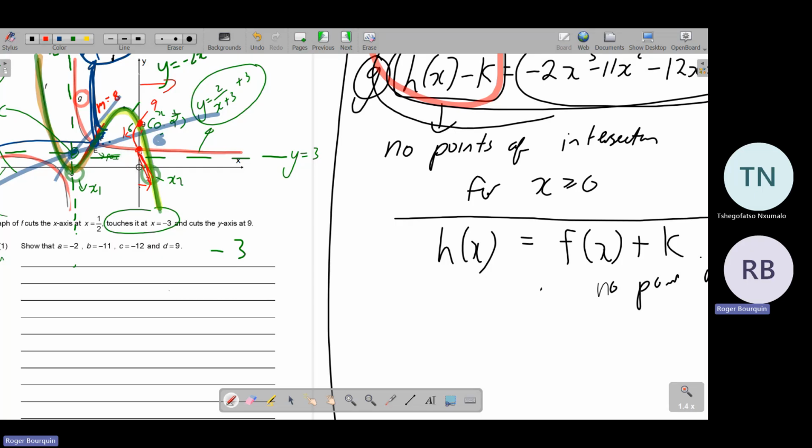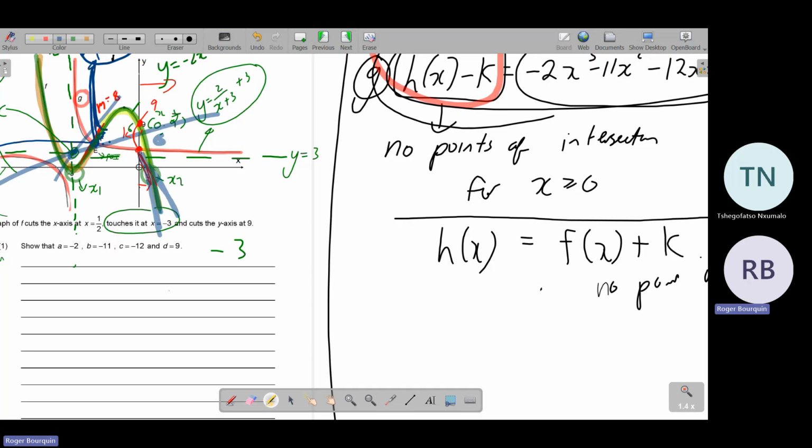So this is a new green graph here in blue. There's the new graph, but for x bigger than 0, it's not going to cut it now. Do you sort of get that?